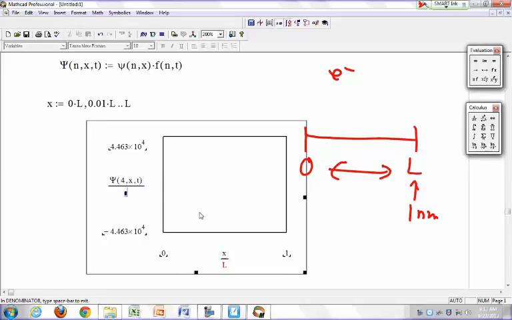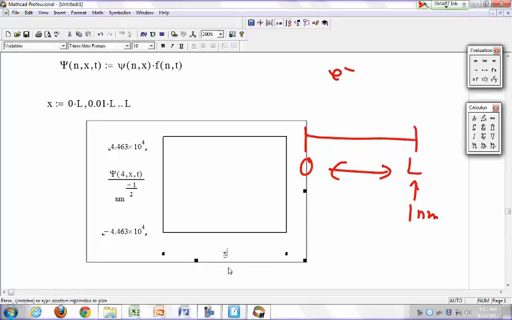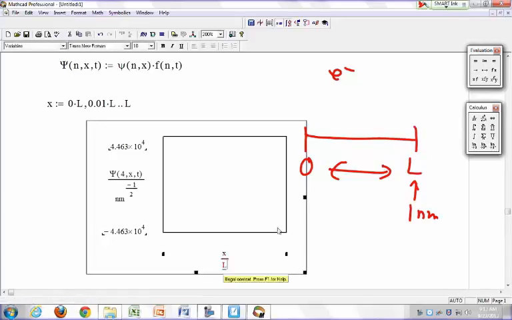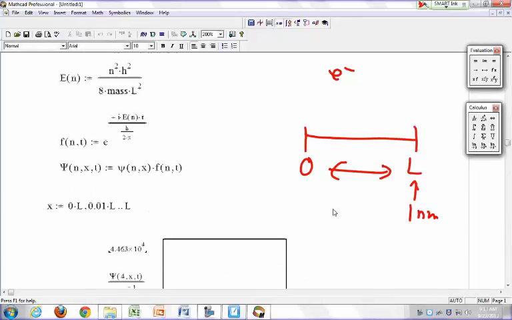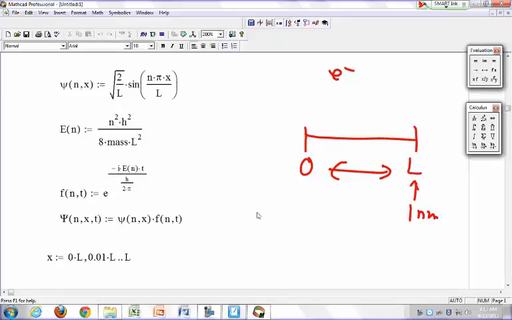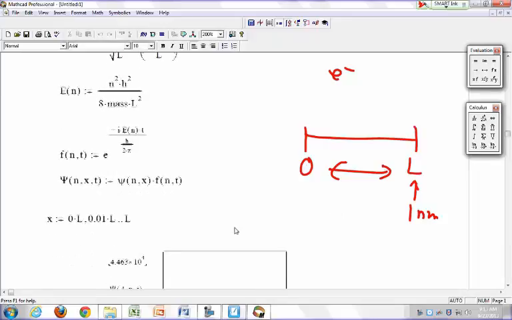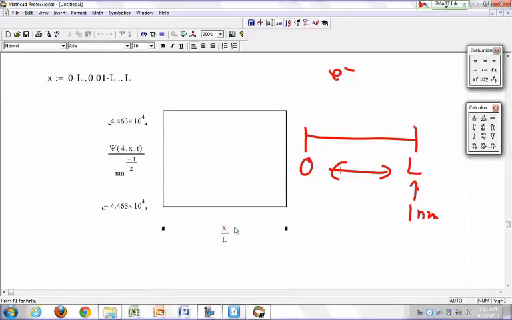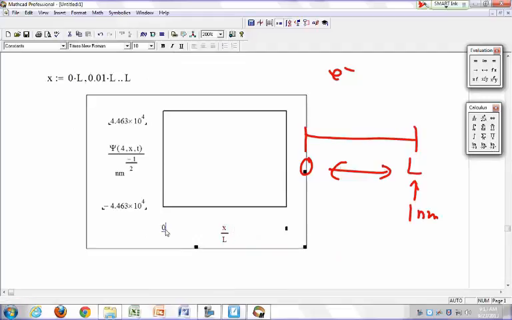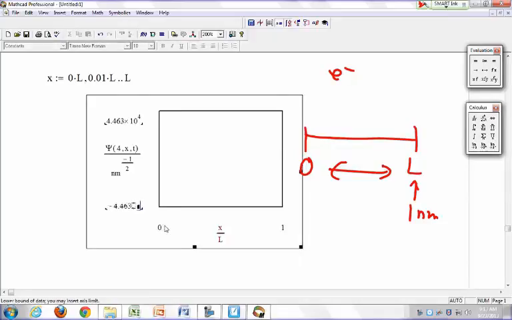My units would be nanometer to the negative 1/2. Let me just redo this one. Where did we miss? Big psi. Let's plot this from 0 to 1. And let's get a plot.